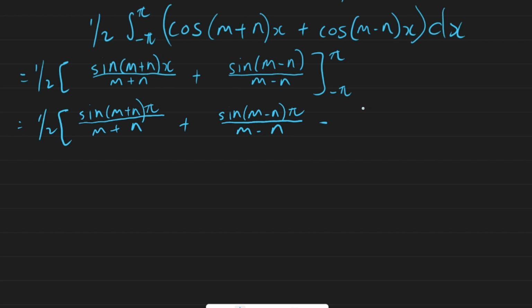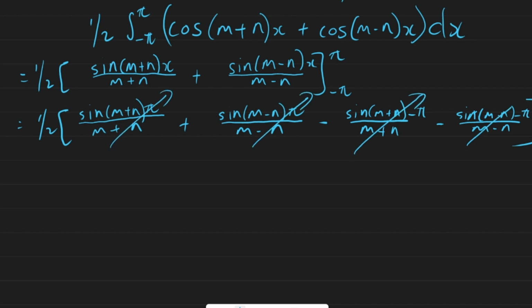The first time we substitute minus pi, we get sine of m plus n divided by m plus n, multiplied by minus pi, and the last term is also minus sine of m minus n divided by m minus n and multiplied by minus pi. So all this is going to give us 0, right? Because sine of pi is 0 and sine of minus pi is equal to 0. So this entire thing is 0.